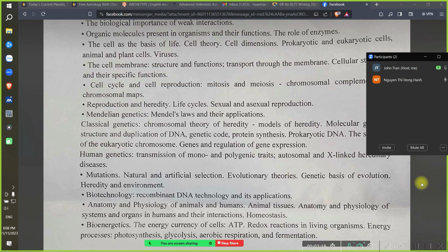The function of ATP is the energy currency of all cells. So cells use the energy stored in ATP to power necessary activities, such as driving endergonic reactions and actively transporting substances across membranes.